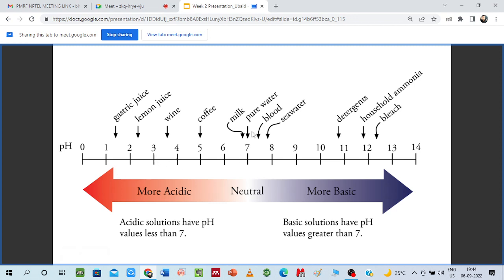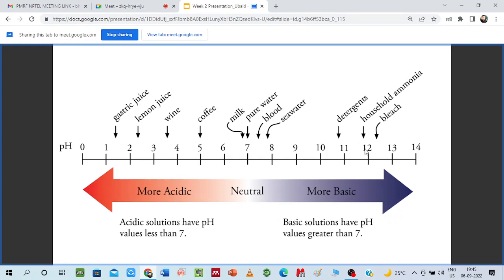In this picture I have shown the pH scale. Between 6.5 and 7.5, or around 7, we call it the neutral pH. The further you go from 7, for example to the left side, if the pH is 1, 2, 3, or 4, the acidity increases, so these are more acidic, and those close to neutral pH, like 5 or 6, are weakly acidic.